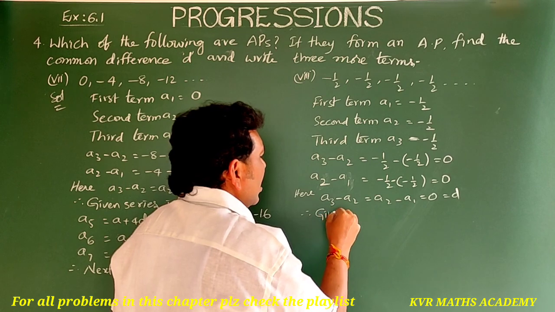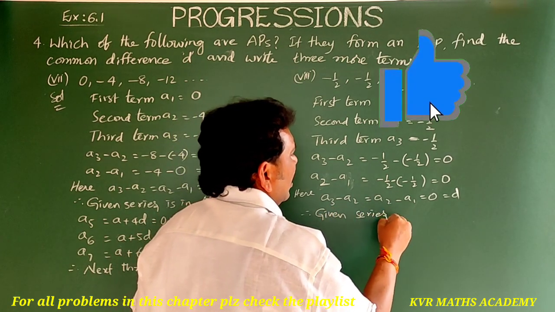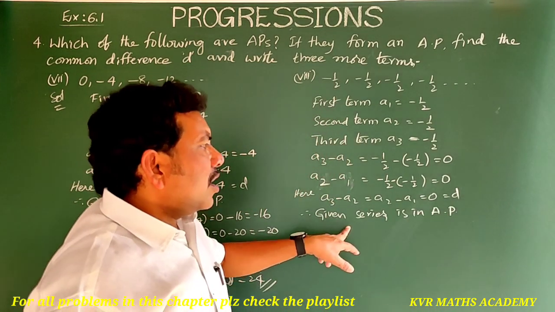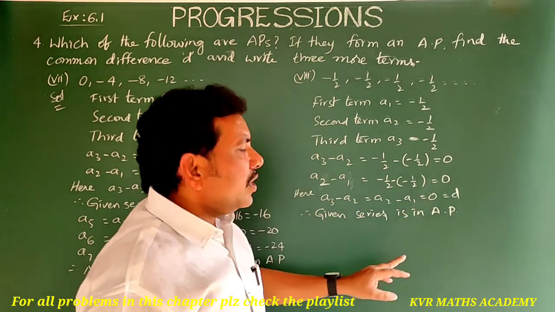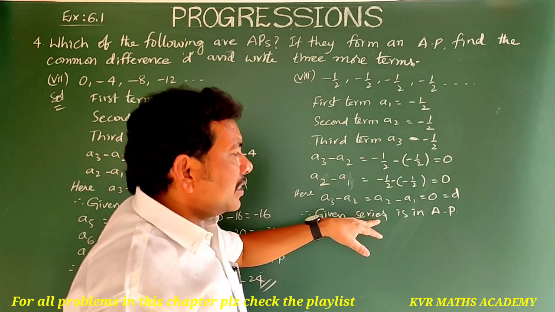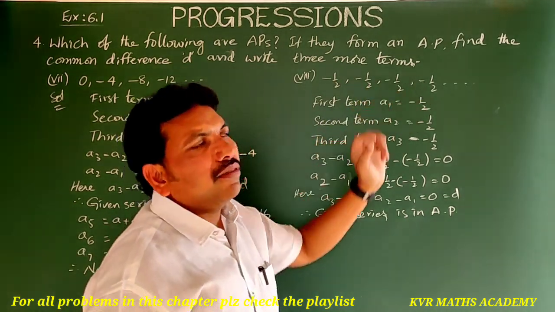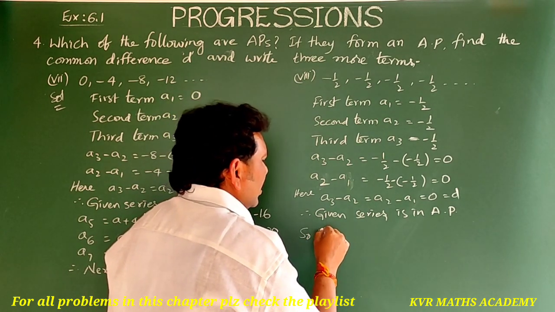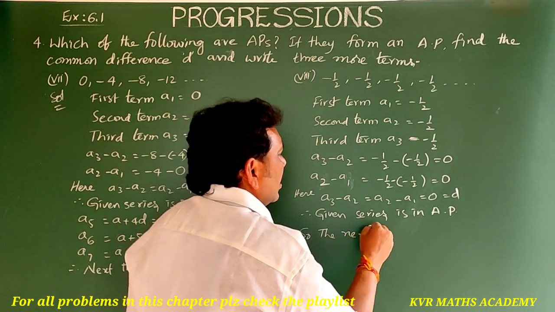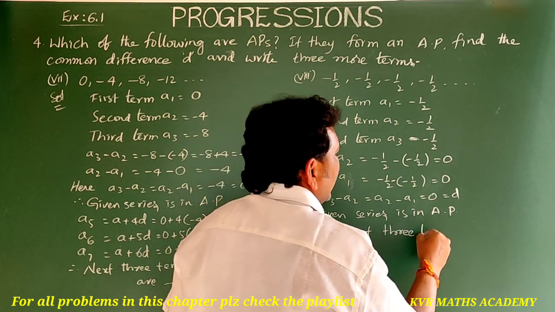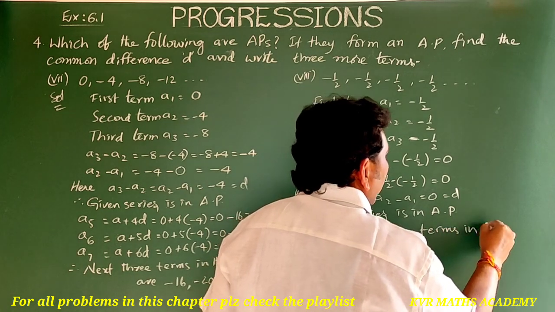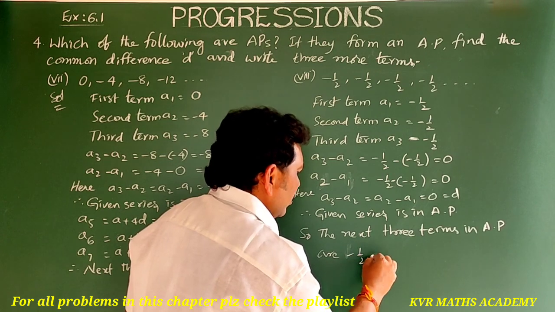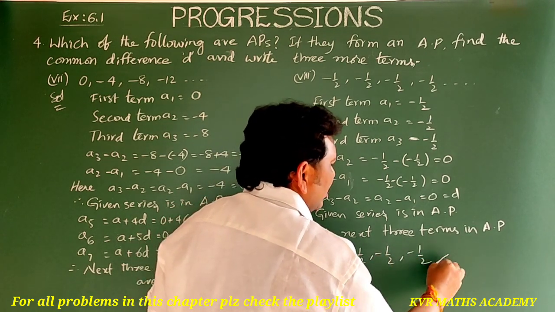Therefore the given series is in AP. Here the common difference is actually 0 only. So the next terms will also be the same terms. Therefore the next three terms in the AP are minus 1 by 2, minus 1 by 2, minus 1 by 2.